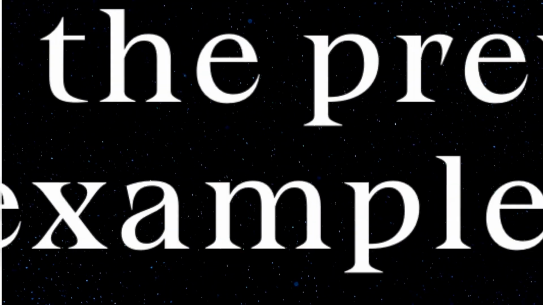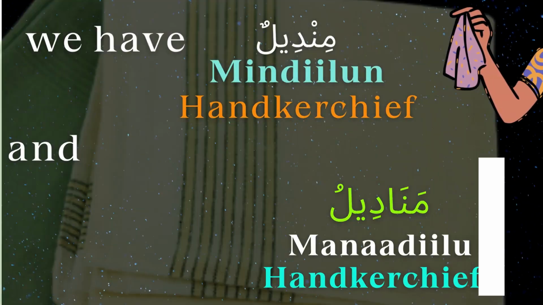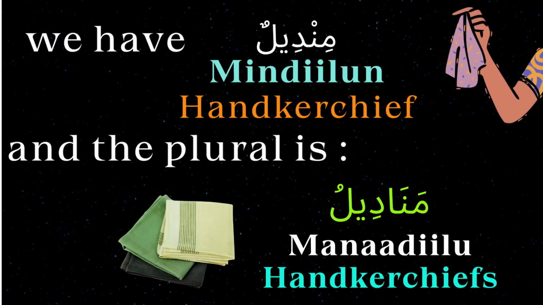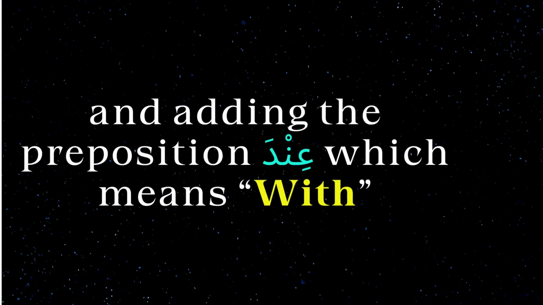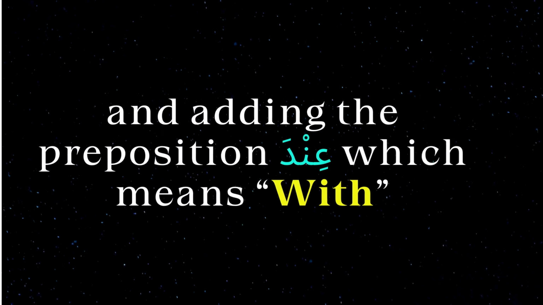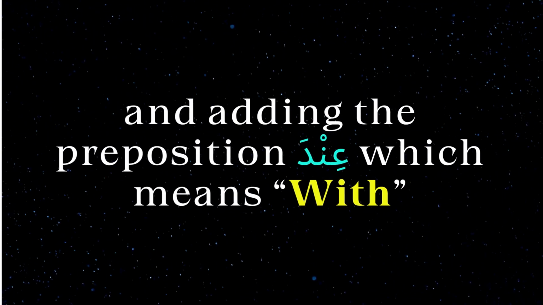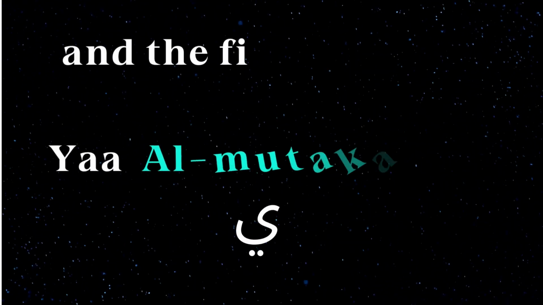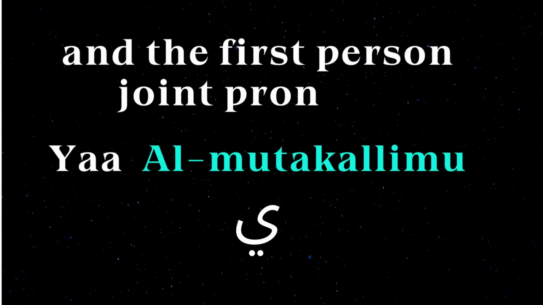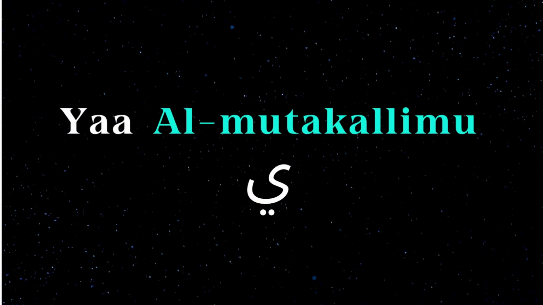So, having gotten a brief understanding of diptotes, let's apply it in the case of number and countable noun. Taking from the previous example, we have Mendilun, and the plural form is Manadilu, which is a diptote, and adding the preposition inda, which means with, plus the first person joint pronoun, the ya al-mutakallim.